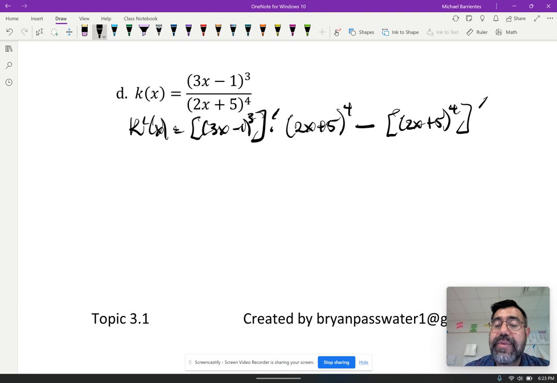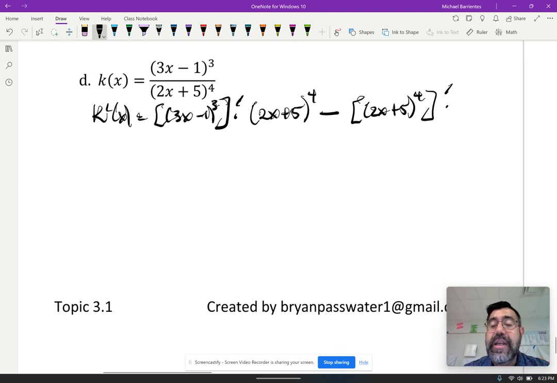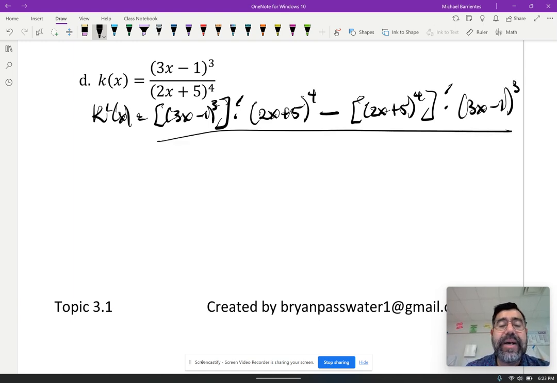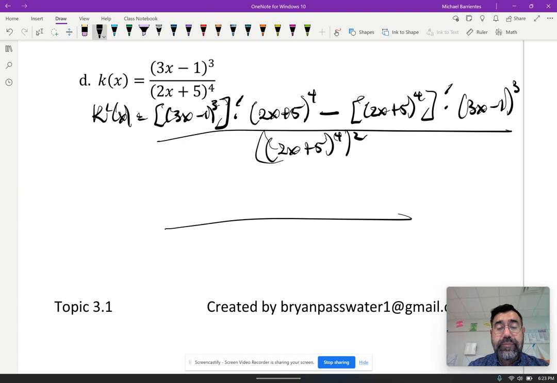Let's make sure that prime kind of stands out, times the top, the numerator, all over the bottom squared, but the bottom is already to the fourth power, so I'm going to have to square that. Well, what happens when you square something that's taken to the fourth power? What do you do with the exponents? If you say you multiply them, you are correct.